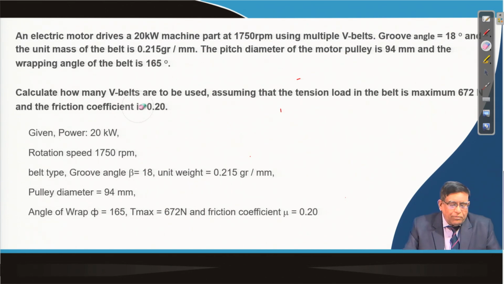Now, what is given in this particular problem? First, try to find out the given data: the power is given, the speed at which it is rotating is given, the belt type is given, it is a grooved type with an 18-degree groove, the belt mass per unit length is also given, and the pulley diameter is given.